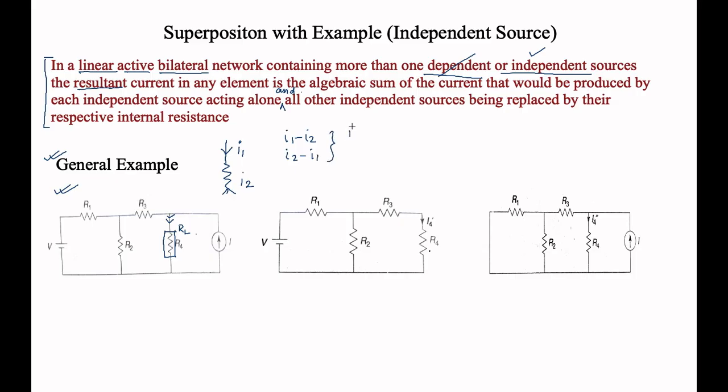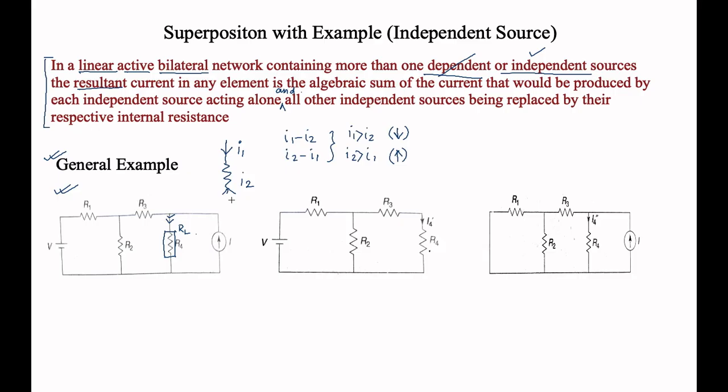If I1 is greater than I2, the resultant current is downward. If I2 is greater than I1, the upward current is more than the downward current, so the direction is upward.